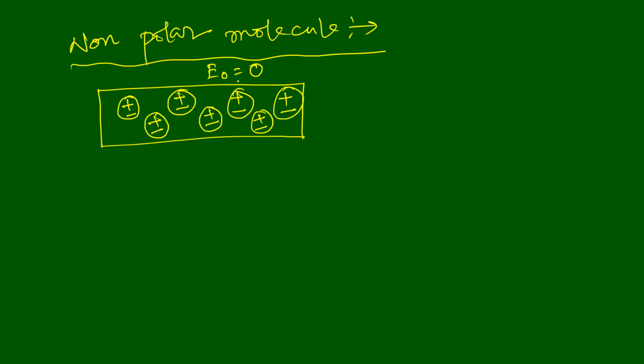Now, if we place the dielectric slab in the electric field, what will happen? This is our dielectric slab, and we place it in the external electric field E naught.